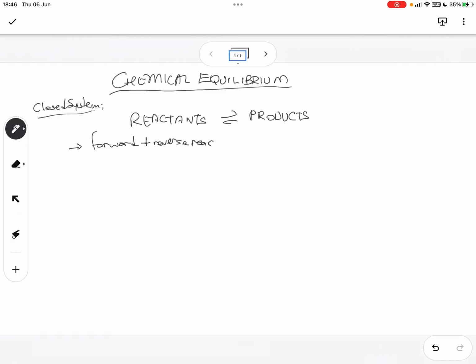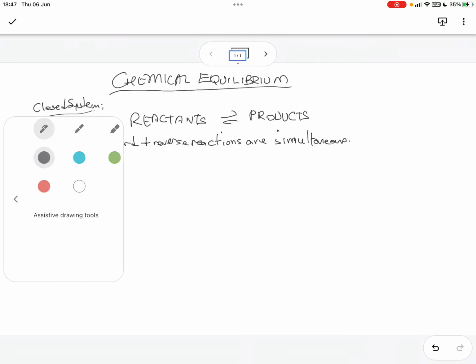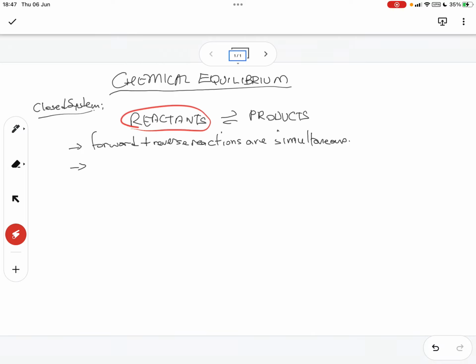So what that means is that in that closed system, where there is a reversible reaction, the forward and the reverse reaction take place at the same time. So they are simultaneous. Then the original reactants and the products that form exist in the same reaction container.